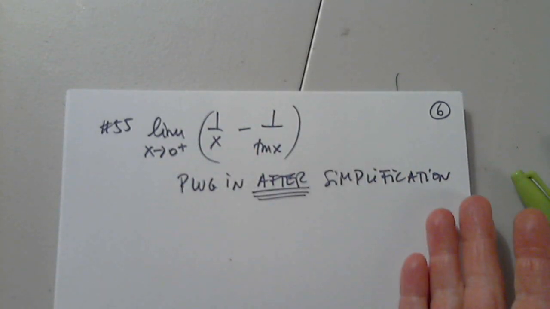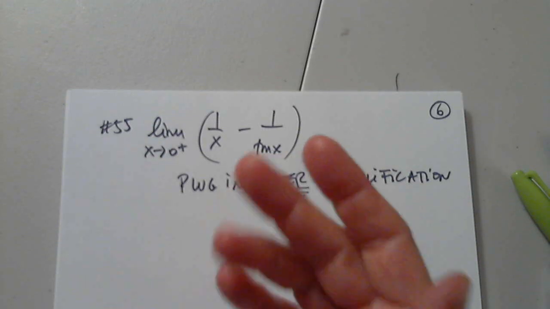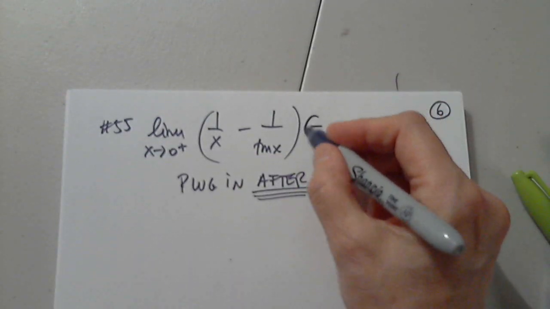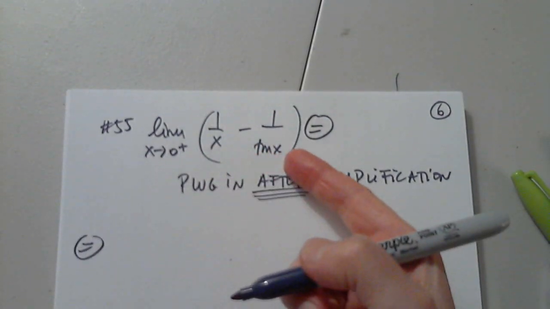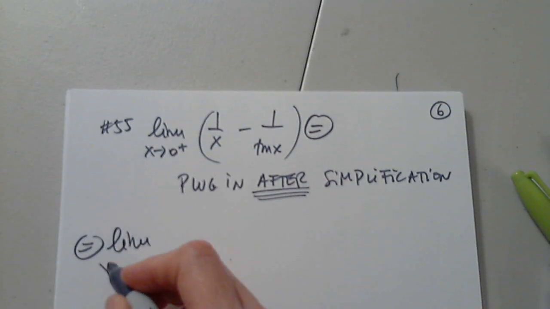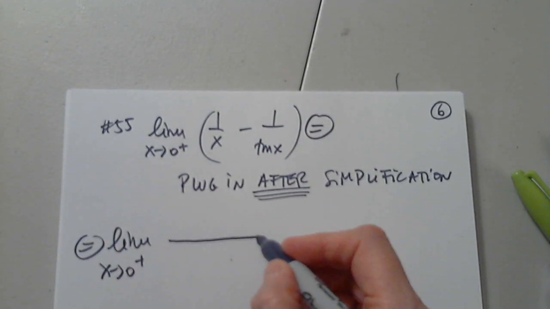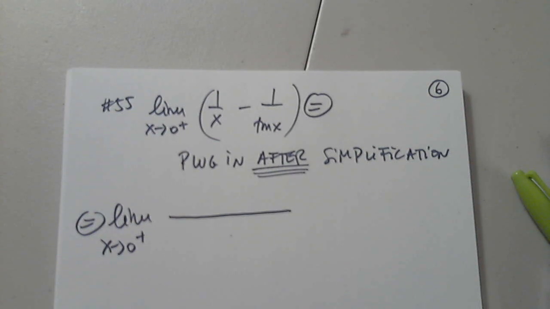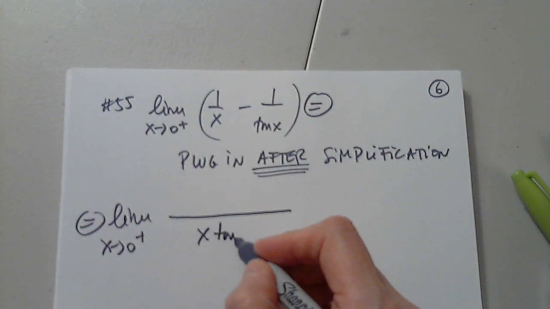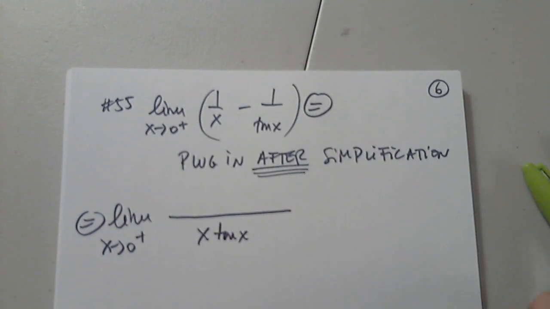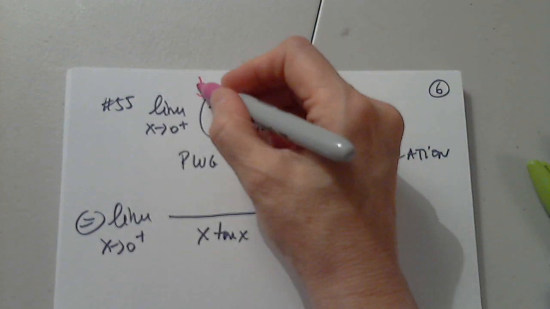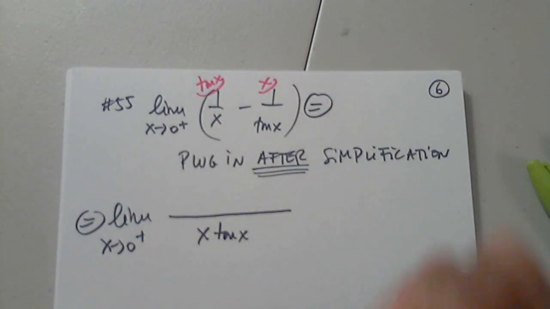What do I mean by simplification? Well, I have to find the least common denominator. What is the least common denominator here? X tan x? Yes, of course, it must be the product of the two. So then, of course, this one needs an adjustment of tangent x and this one of x.